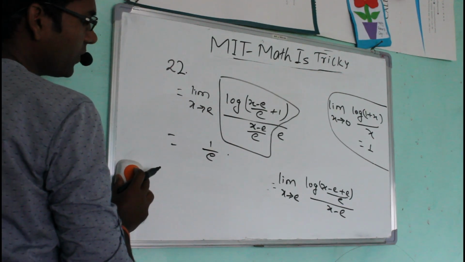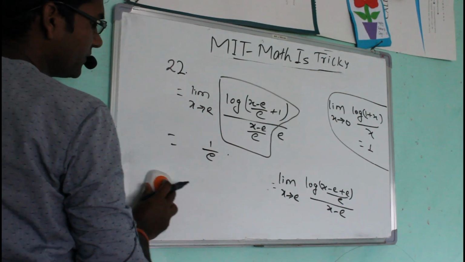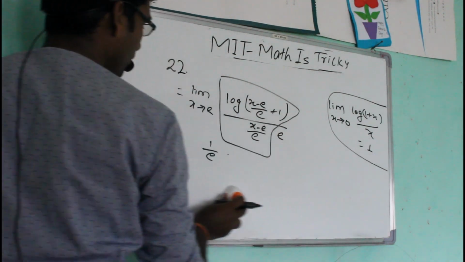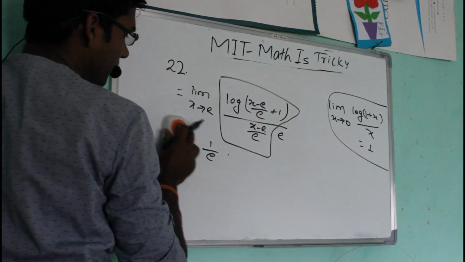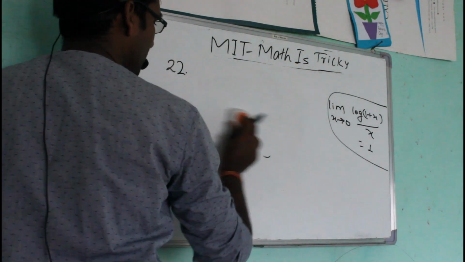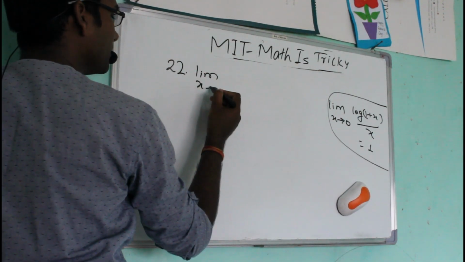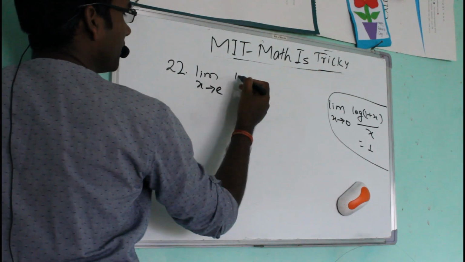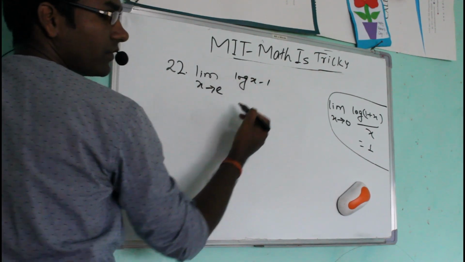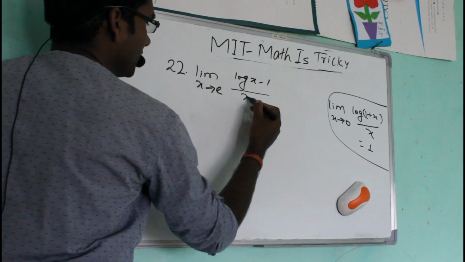Okay, the same problem can be solved in another way also. Let's see here how we can solve the same problem in another way to get the same answer. So let me write once again the problem here: limit x tends to e of (log x minus 1) by (x minus e).